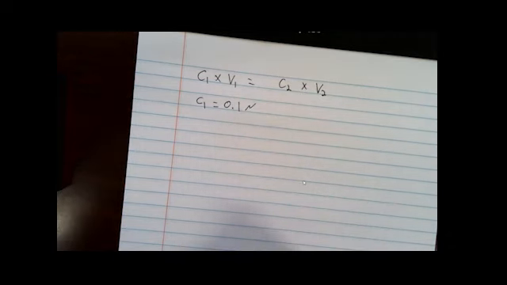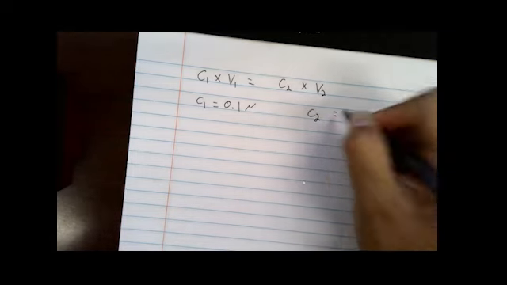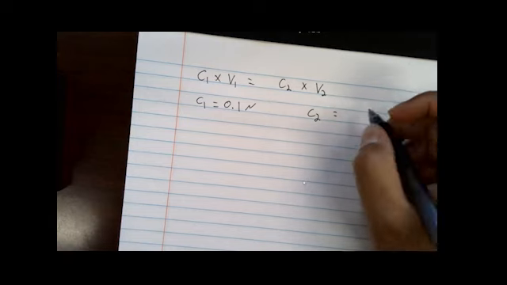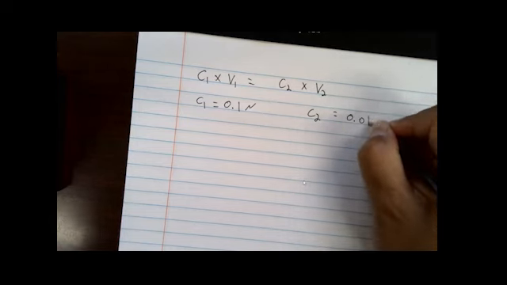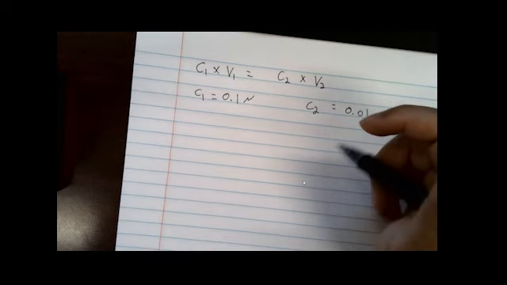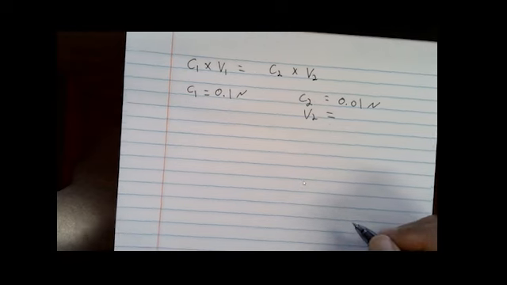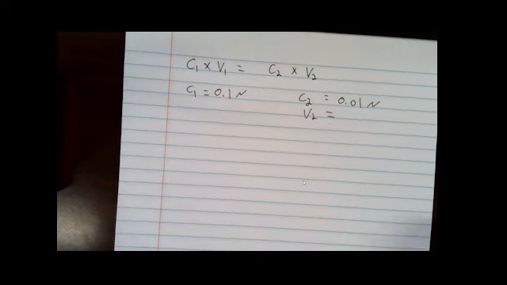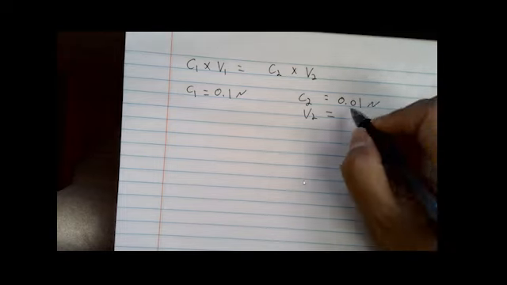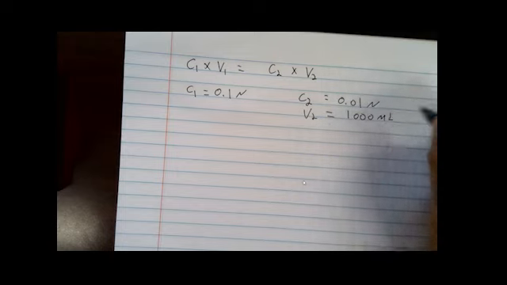We also have concentration 2, which it tells us that we want to dilute it to have a normality of 0.01 normality, right? We also have volume 2, that's equal to 1 liter, but again, in our answers, we have our answers in milliliters. So 1 liter converted to milliliters, right? 1 liter is equivalent to 1,000 milliliters, right?